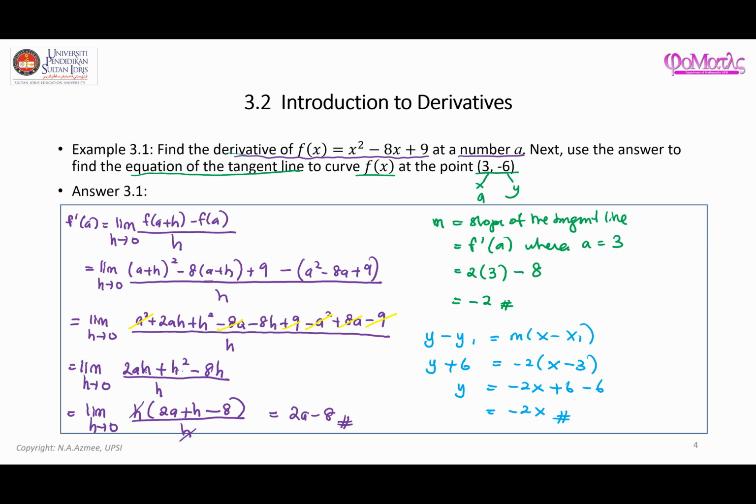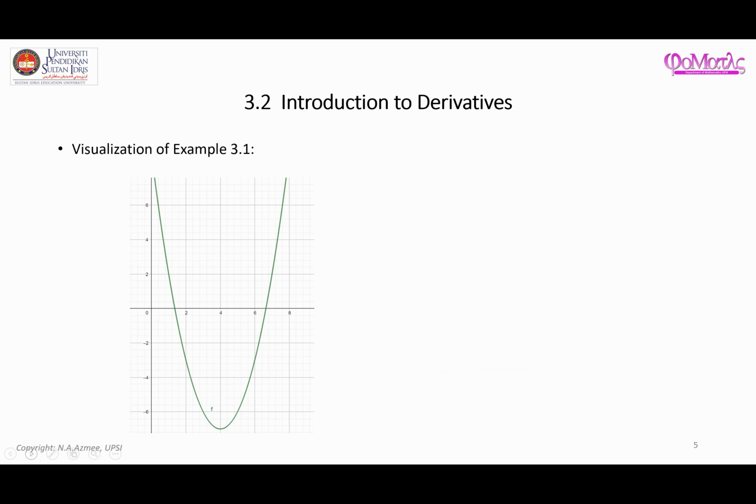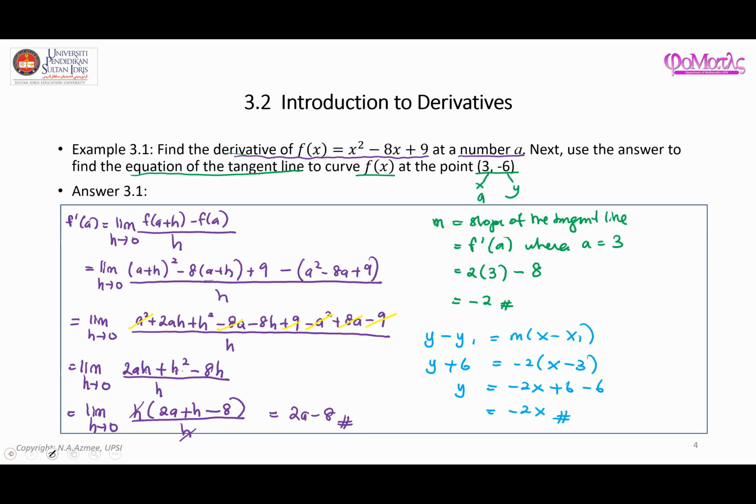If you are interested to visualize this example, we are going to start off by sketching the graph of the function. So this is basically the graph for the function f(x) = x squared - 8x + 9. That's the representation of the function given here.